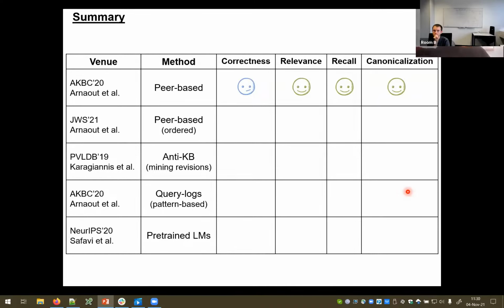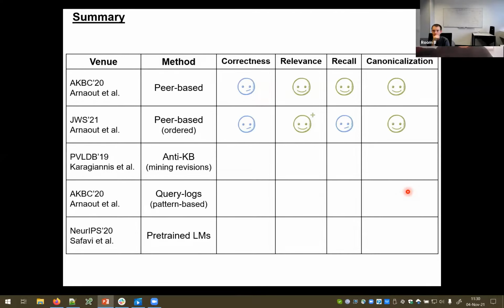For the ordered version of this methodology, correctness is still an issue because again, open world and inference. Relevance is very good, and I added this plus because it's not only relevant, but it's also interpretable. So you have a verbalization of why this negation is interesting.